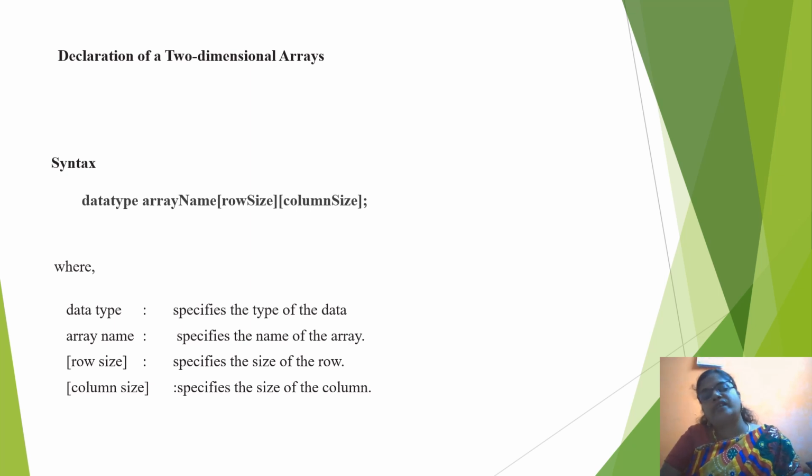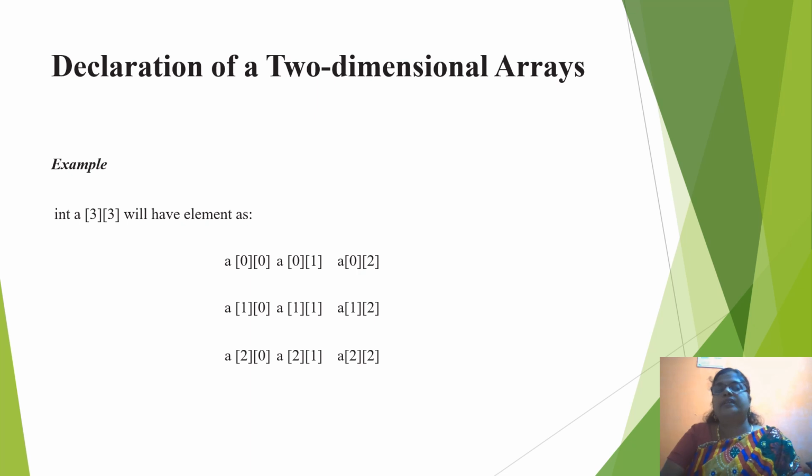The syntax is data type array name[row size][column size]. Data type specifies the type of data, array name specifies the name of the array, row size specifies the size of the row, and column size specifies the size of the column. An example is int a[row size][column size], which will have elements like this.